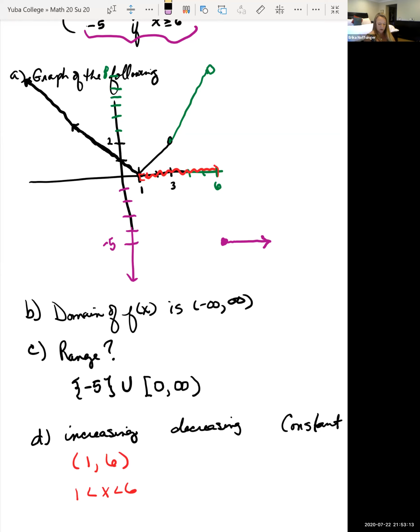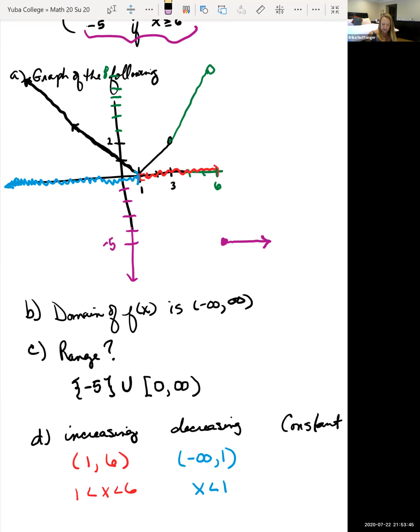And so now we're going to look at where is it decreasing. So looking at the graph, reading it from left to right, you're looking at where it's going down. It's going down here, but we're only looking at the x values. So we're looking at all the values coming in from -infinity until we hit 1. And so it's decreasing from -infinity to 1, or x is less than 1.